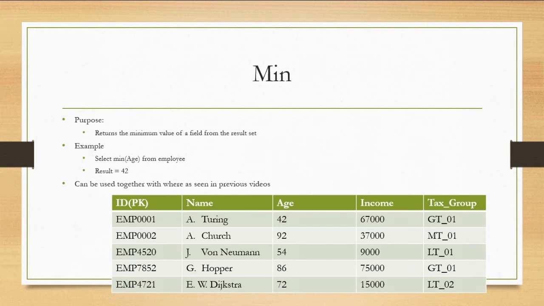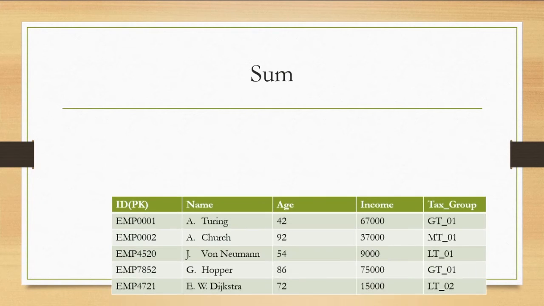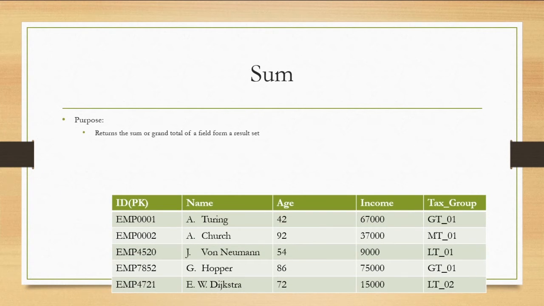Now, let's look at sum. Purpose: it returns the sum or grand total of all the values of a field from a result set. In other words, it adds up all the rows of that field together.